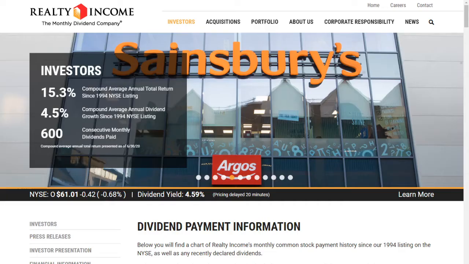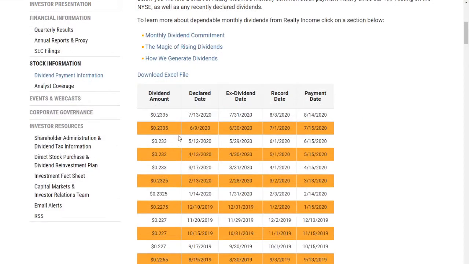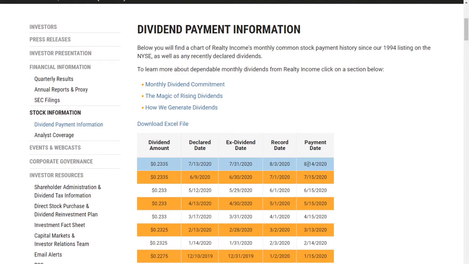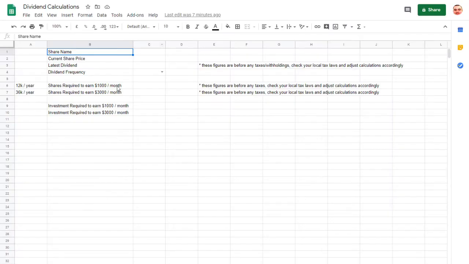First of all, let's bring up Realty Income. We can see on their dividends that they pay on a monthly basis every month, and this was the last dividend amount that was paid out per share. So let's take this figure and pop it into our last dividend column.